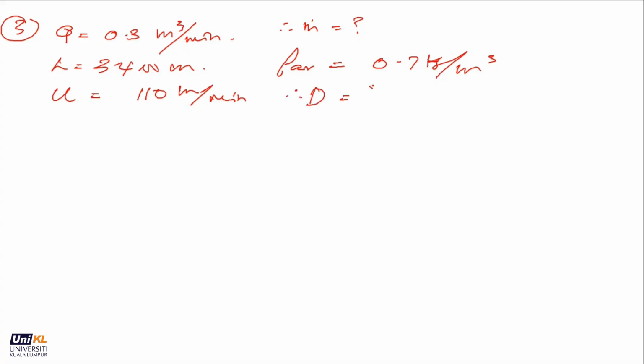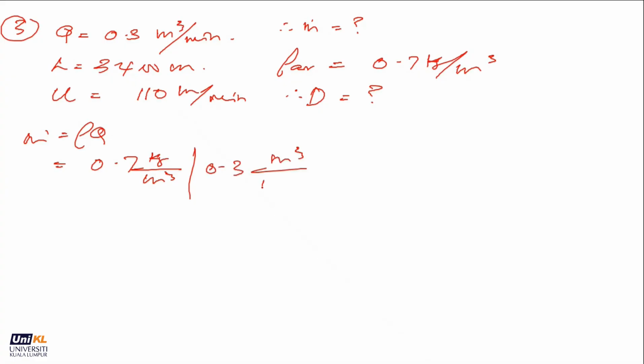Second is D. M equal to rho Q. So we got the density 0.7 kilogram per meter cube, and the Q is 0.3 meter cube per minute. So 0.21 kilogram per minute.